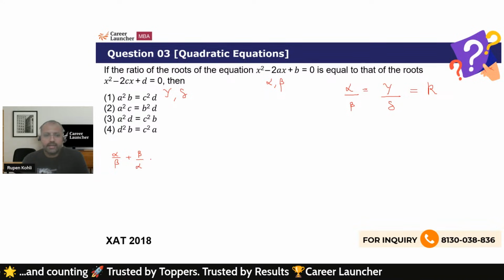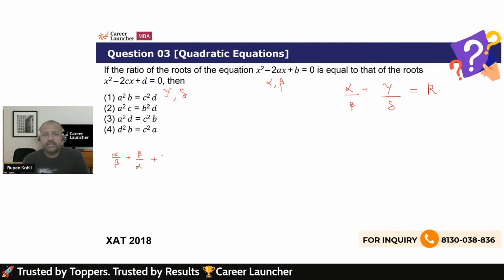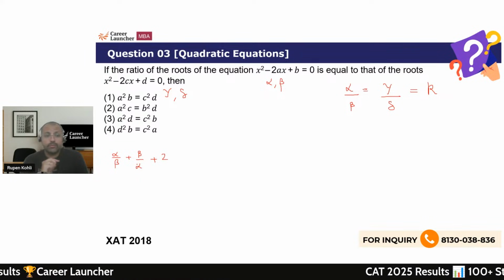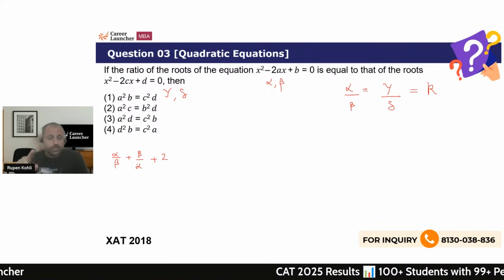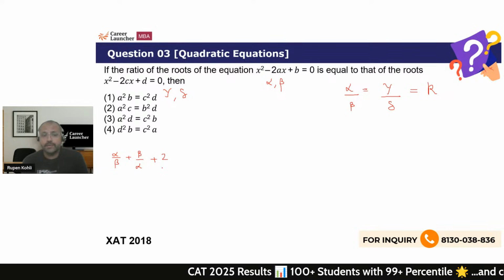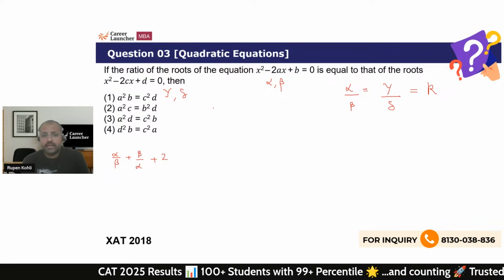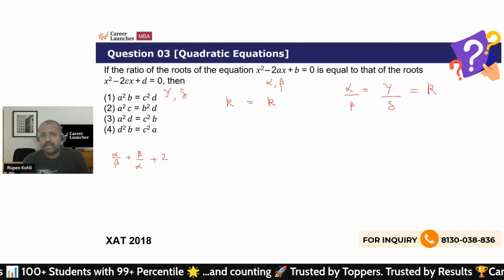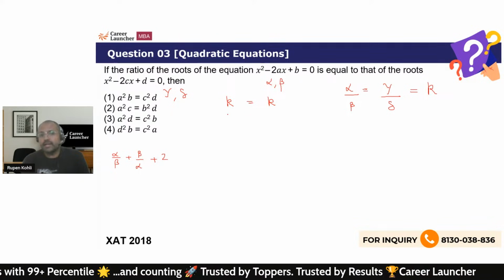And in fact, if you add a 2 on both the sides, then you have exactly what you want: alpha square plus beta square plus 2 alpha beta on taking the LCM. So what I'm trying to say is that alpha by beta equals gamma by delta is given.